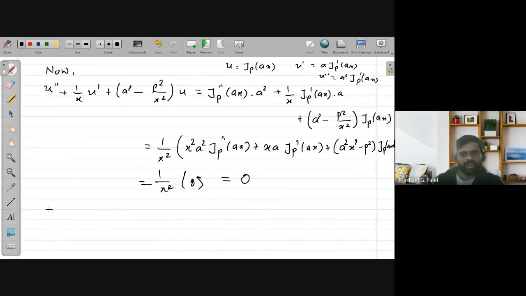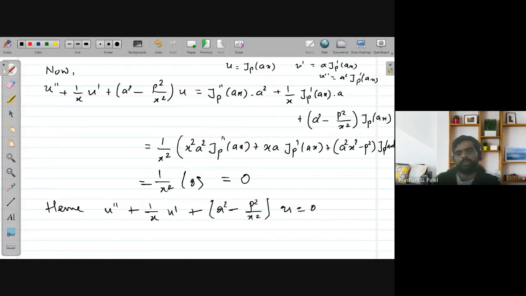So hence we have u double dash plus 1 by x u dash plus a square minus p square by x square u equal to 0.